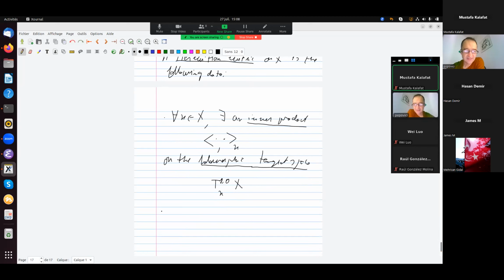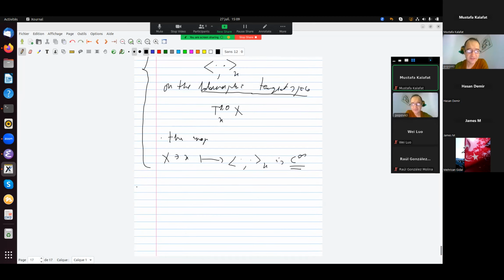And second, we require these inner products to depend in a smooth way on the point, such that the map taking the point x in X to the corresponding inner product is a C infinity map. Right, so to give a Hermitian metric on the manifold means to give an inner product on each holomorphic tangent space, in such a way that these inner products depend in a C infinity way on the point.